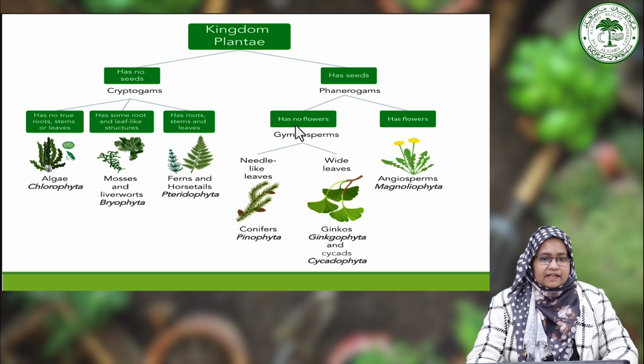Gymno means naked. They don't have a visible flower and they have naked ovules, while angiosperm plants have ovules inside the ovary. These gymnospermous plants include conifers or cycads, while angiosperms have dicots and monocots, and vegetation like herbs, shrubs, trees.